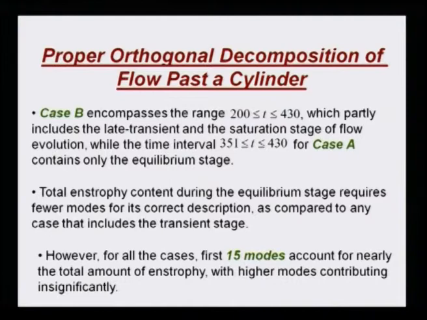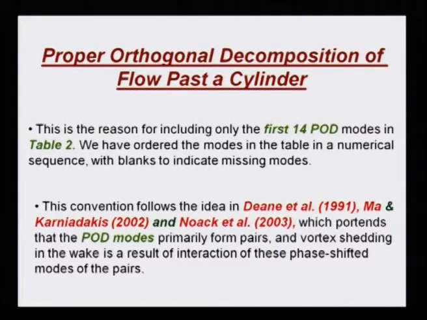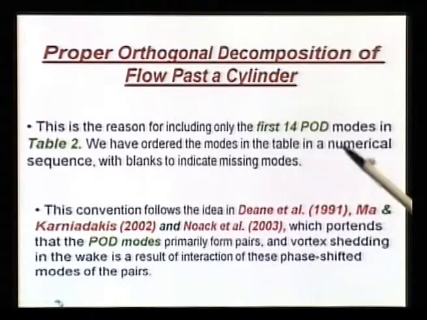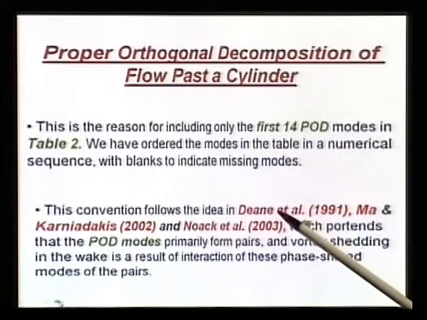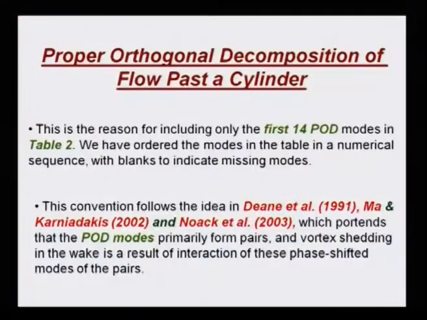So, that is what we need to understand. This convention of identifying modes pairwise was used by this group, Dean, Karniadakis, and Noack et al. This is the work that I was talking to you about.